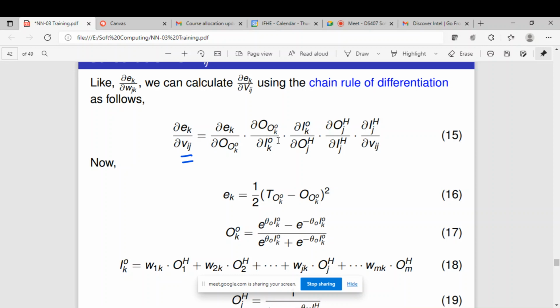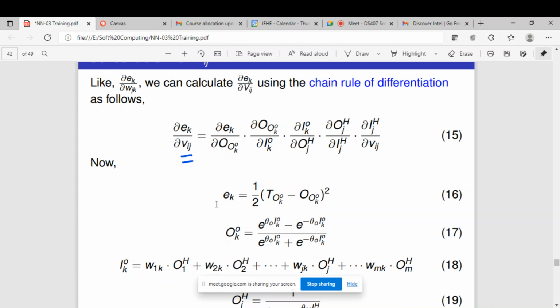First, let us see how we solve dou EK with respect to the observed output of the kth neuron of the output layer. This is EK, the error.